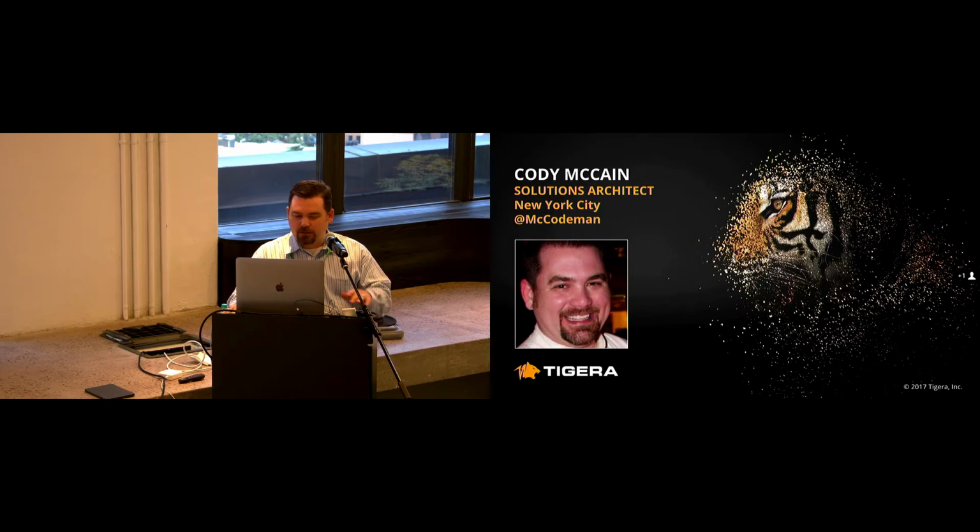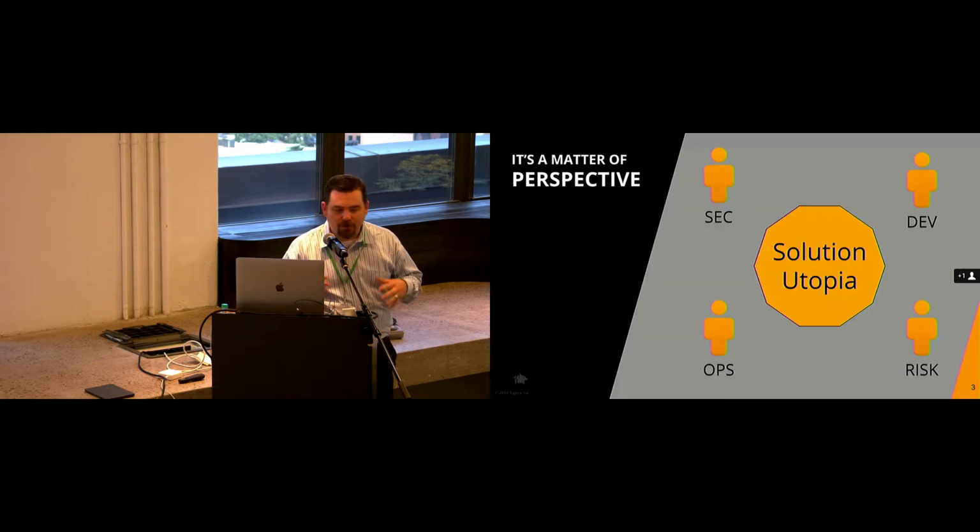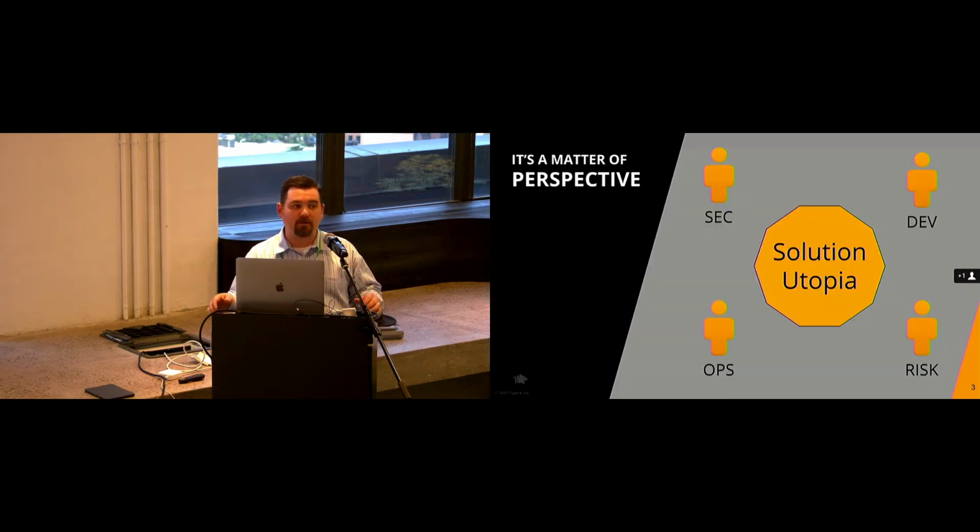And to begin that, I first realized that we're all coming from a different perspective, right? This is a DevOps meetup, obviously. So we've got some devs, we've got some ops, we've got some people that do both. We've got, in a lot of enterprise organizations, other concerns represented: security concerns, risk and compliance concerns.